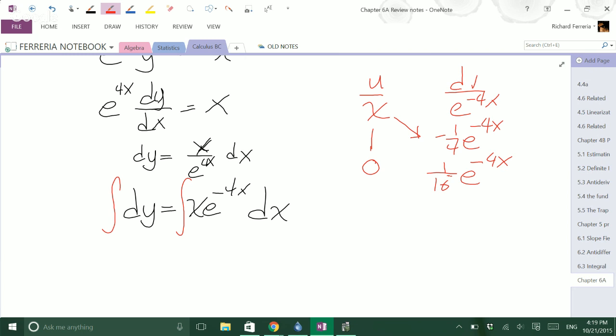Okay, so what do we get on the left side? We get a y. On the right side, we have negative 1/4 x e to the negative 4x minus 1/16 e to the negative 4x plus constant.